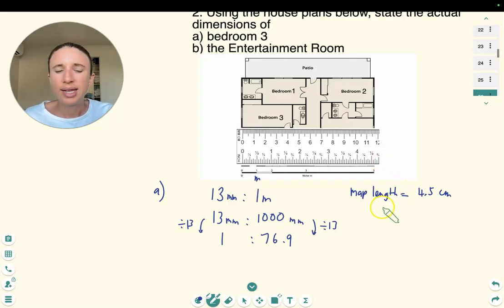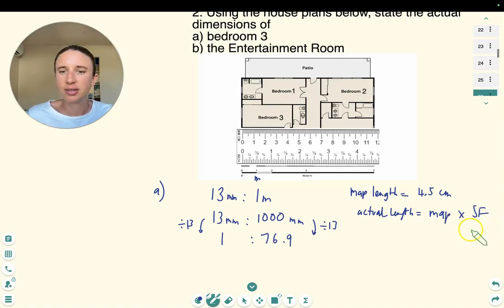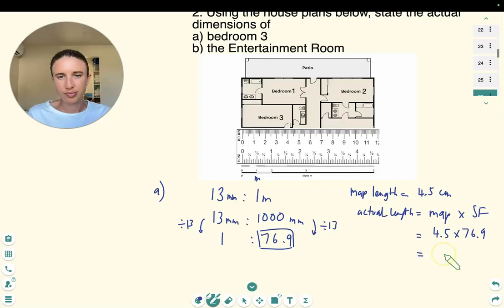Okay. Now, in that case, what is the actual length? So the actual length is our map length times the scale factor. So our map length is 4.5 times our scale factor, 76.9. 4.5 times 76.9.